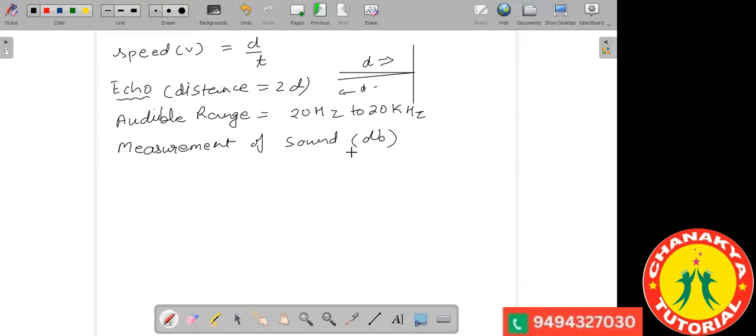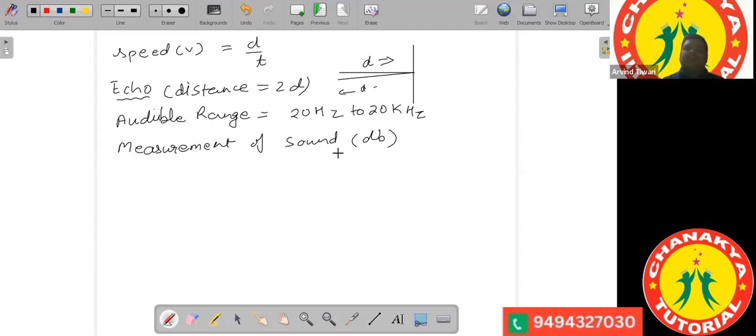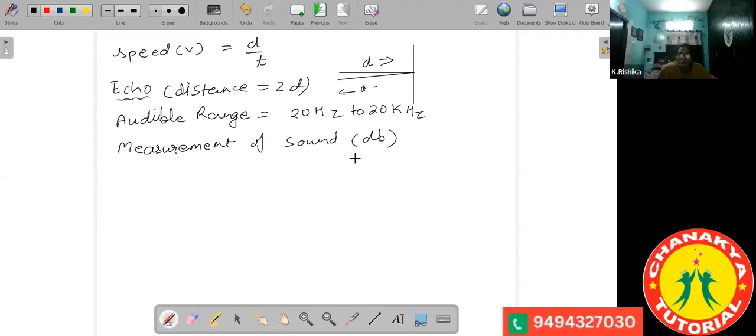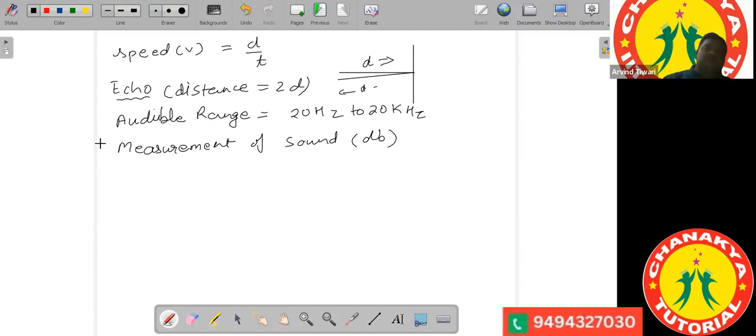So what's the SI unit now? Okay, anyone can tell the SI unit of sound energy? Is it meters? Joule. Oh, that's energy. It's energy, whether it be sound energy, light energy, any energy.